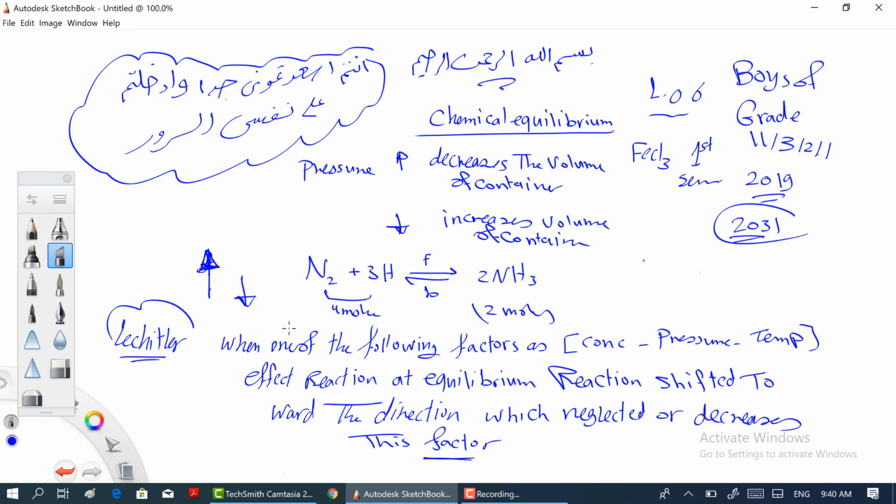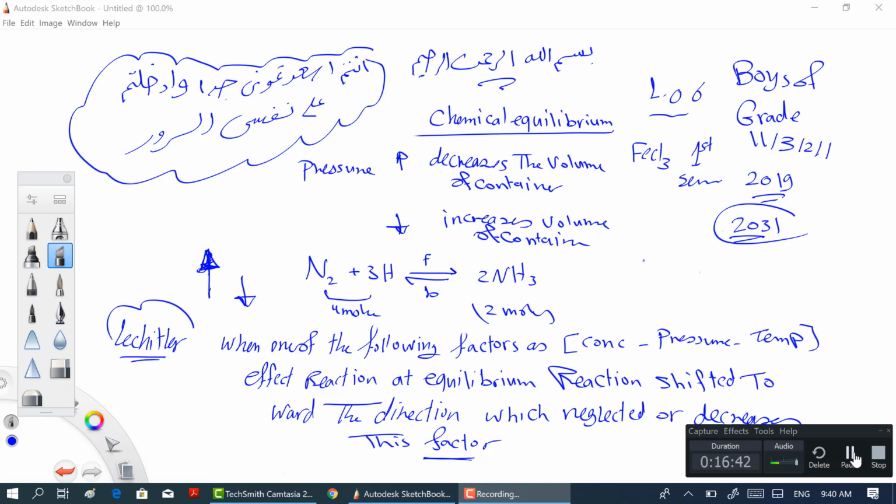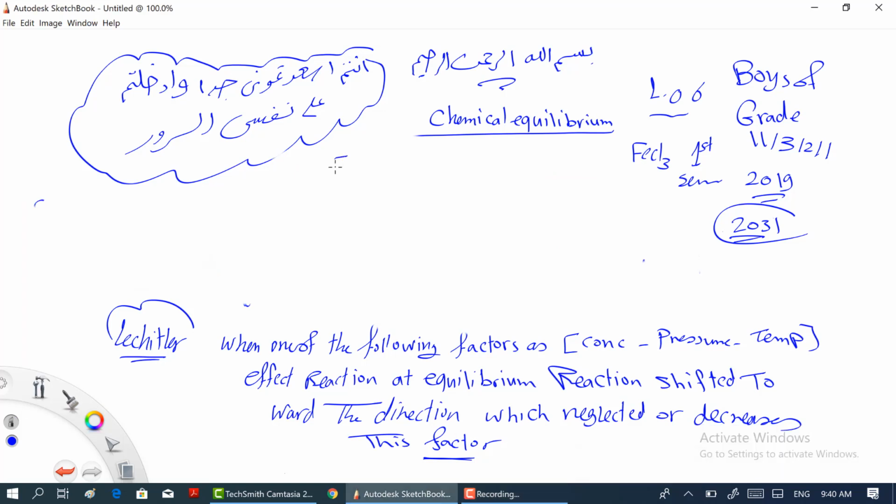Endothermic and exothermic reaction, return back to it. I want to know, when I have an exothermic reaction or endothermic reaction, in which direction we will shift the reaction according to the Le Chatelier principle. Exothermic reaction, endothermic reaction.